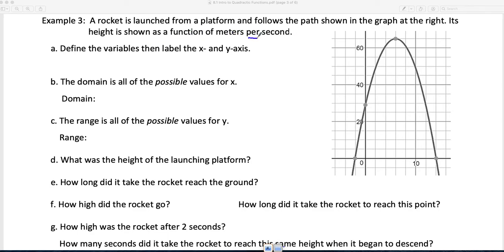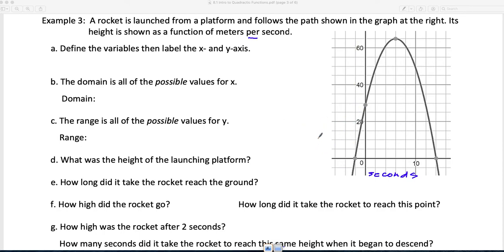Okay, so what that tells me is I've got a rate here. It's not a rate of change that's constant because this isn't linear, but this does tell me what I'm looking at. I've got the x-axis is along here, specifically right here. So this is going to be seconds. And right here, it's following a height.